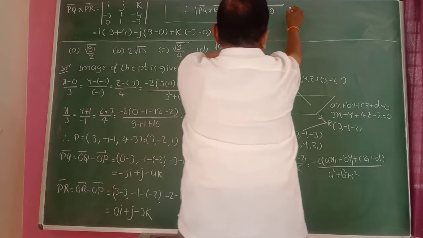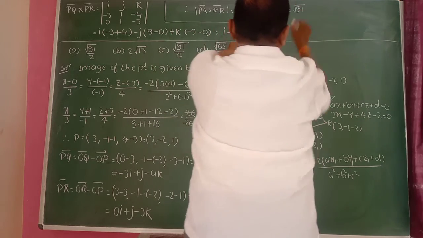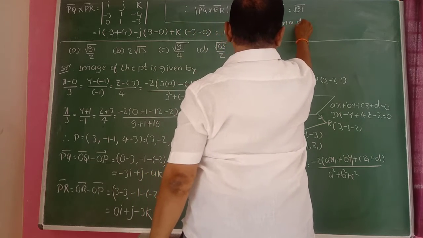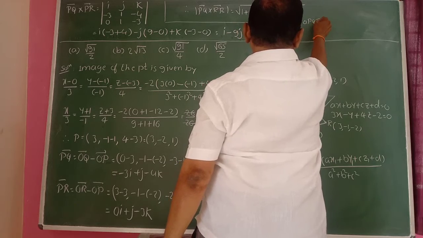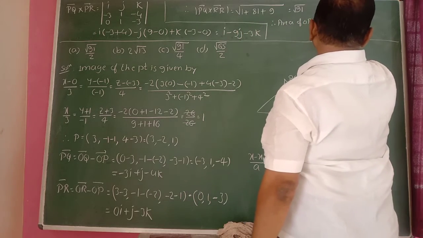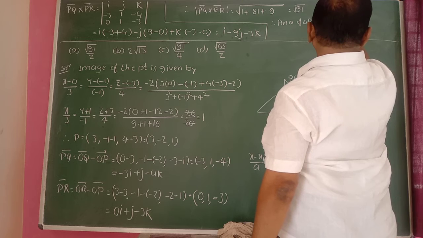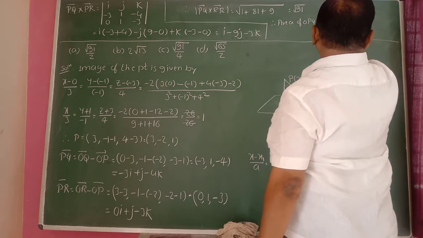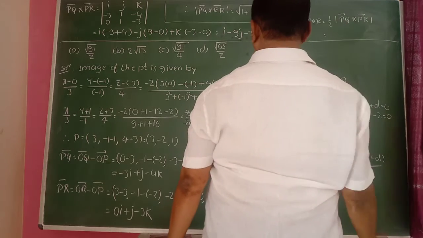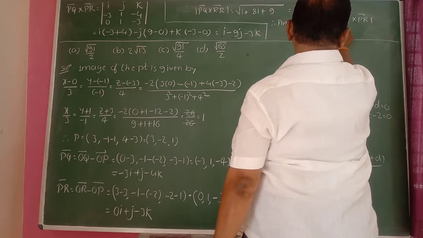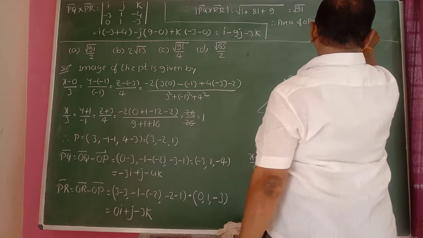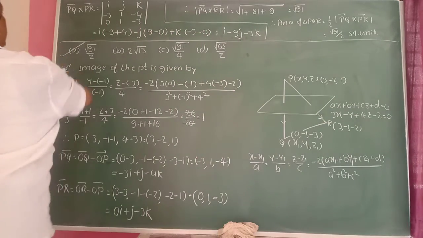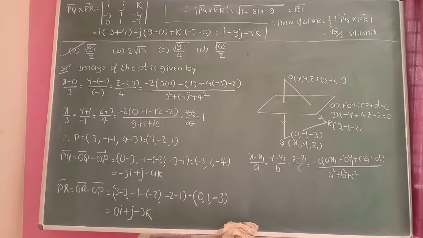Therefore this is equal to root 91. Therefore, the area of triangle PQR is equal to 1/2 times the modulus of PQ cross PR, that is root 91 divided by 2 square units. So the first option is correct. Root 91 divided by 2 is the answer.